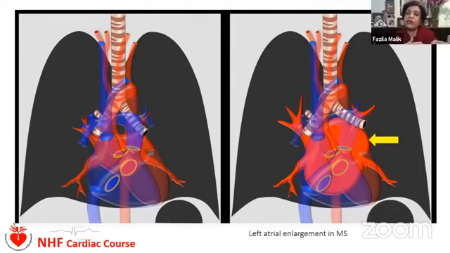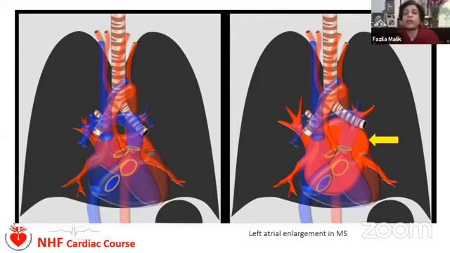Gradually over time, there is back pressure transmitted to the pulmonary veins, then to the pulmonary capillaries, and so we have pulmonary venous hypertension. Eventually the back pressure goes to the pulmonary arteries, and we have right atrial and right ventricular enlargement. That is in a nutshell the pathophysiology.